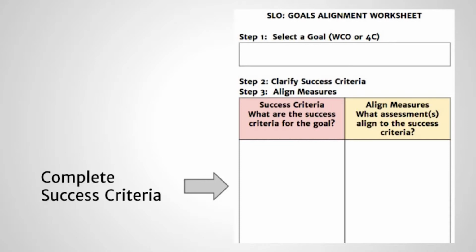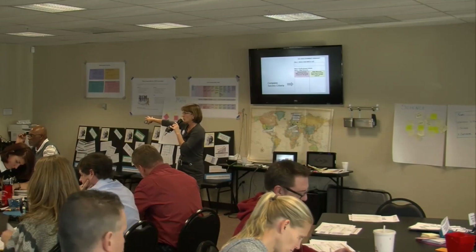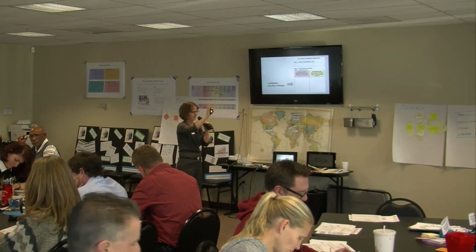My music friend from Crest Hill, she came up with possibly 3 success criteria for music and said in the fall, I can have them do this. Bigger performance, they can do this. So just take a minute and jot down what you might have here for your success criteria. Just take a minute.